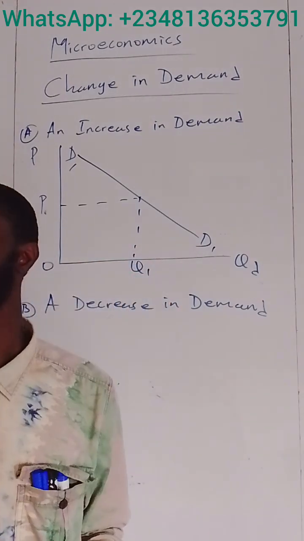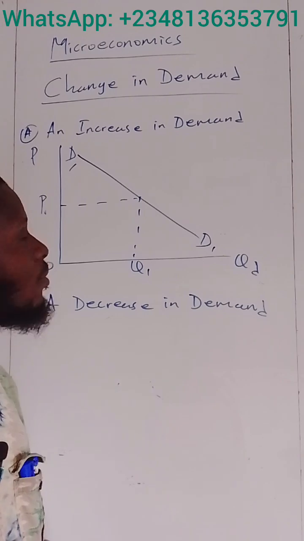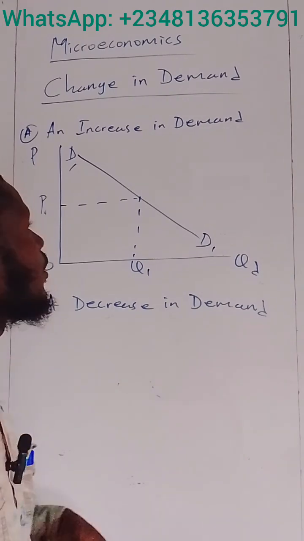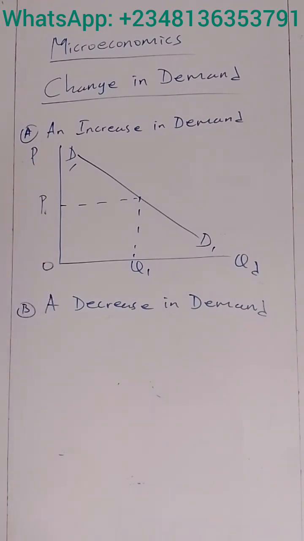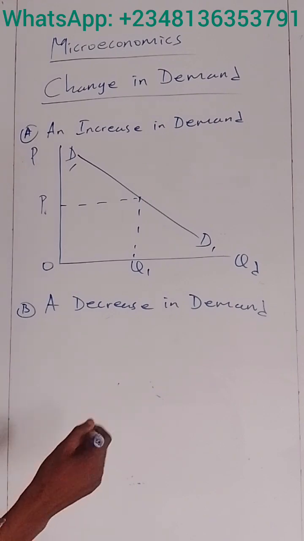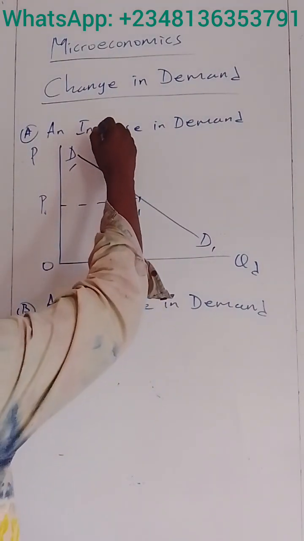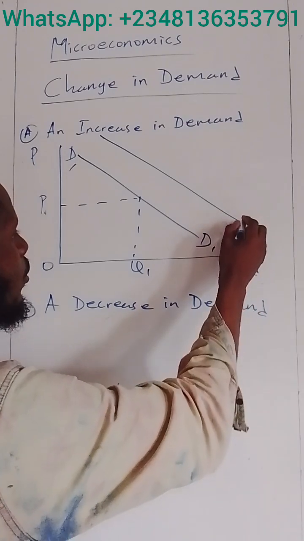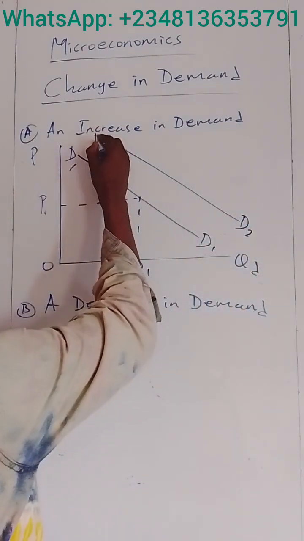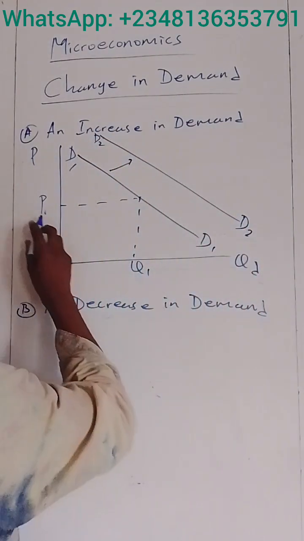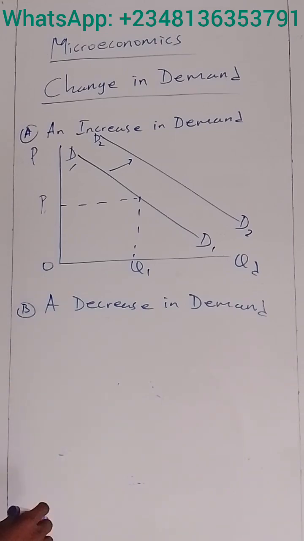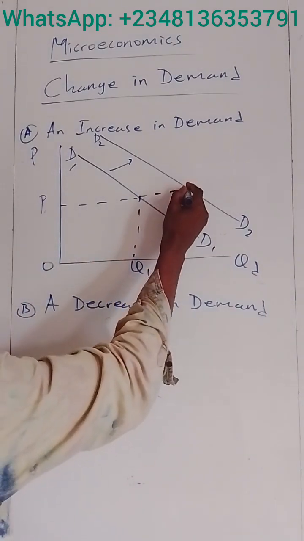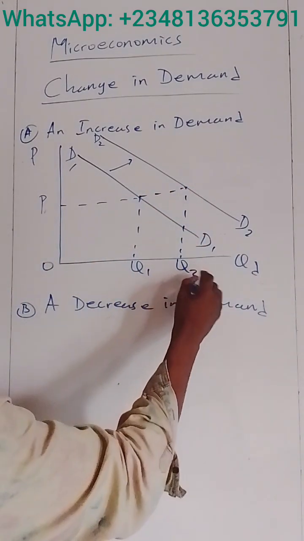Now, let's say there's an increase in consumer income or there's an increase in population. This will cause demand to increase and therefore there will be a rightward shift in demand curve to D2. So we assume the price has not changed, and therefore we have a new quantity, we call it Q2.